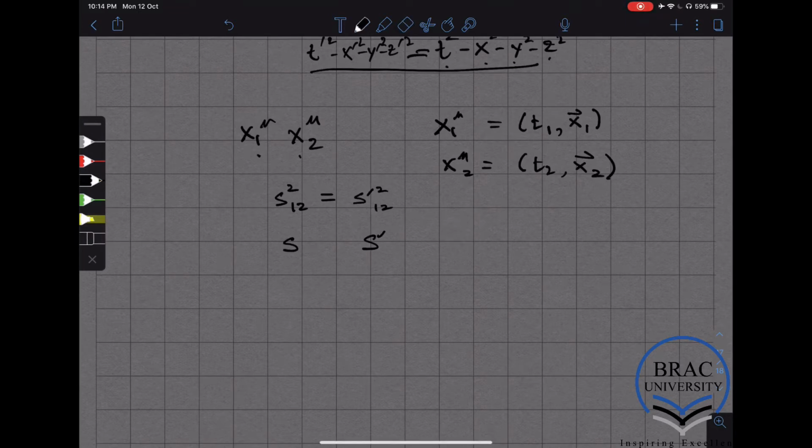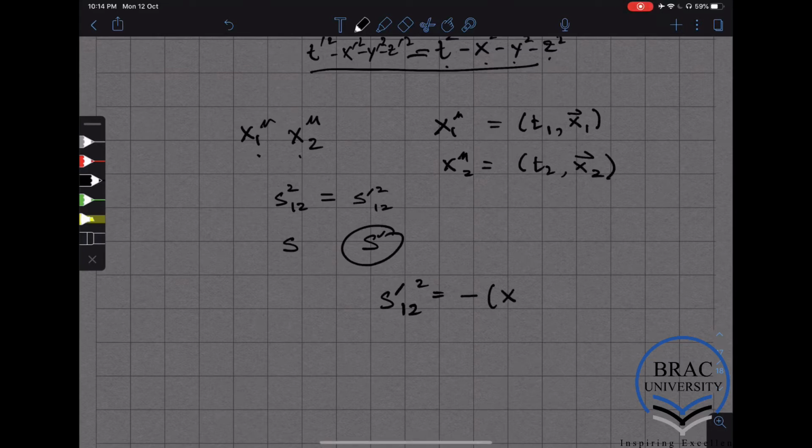And then we can calculate S12. And now what we want to ask is, is there a way to find a reference frame S prime such that S prime of 1, 2 squared has the form such that the time part is 0?